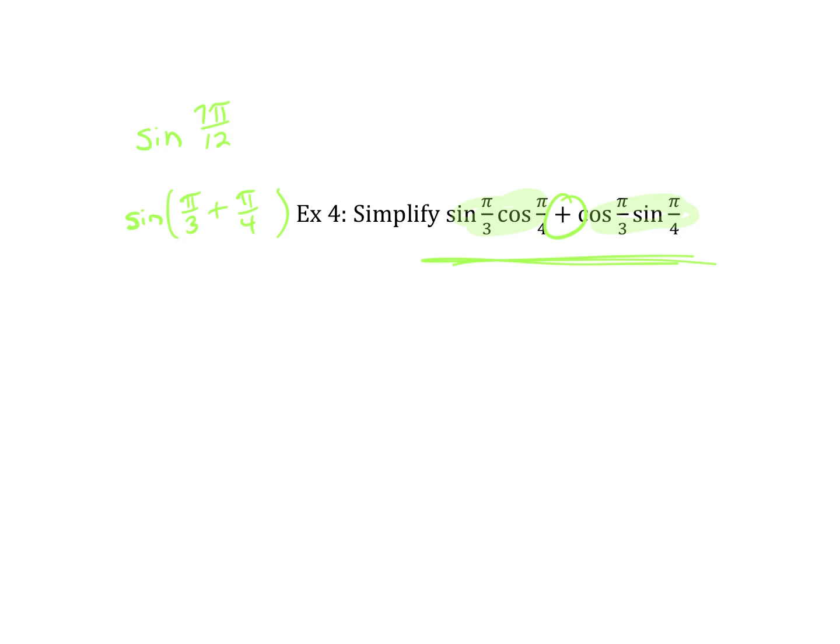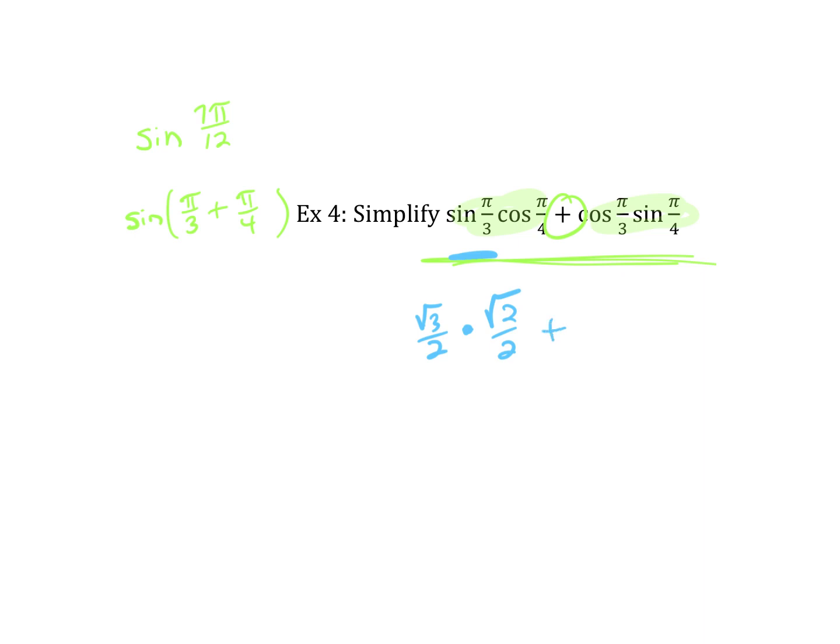All right, so sine of pi over 3, what do we get, Chatham? What did you say? Sine of pi over 3. 1/2. Oh shoot, radical 3 over 2. Okay, root 3 over 2, times cosine of pi over 4, Aiden? Yep, root 2 over 2. Root 2 over 2, good.